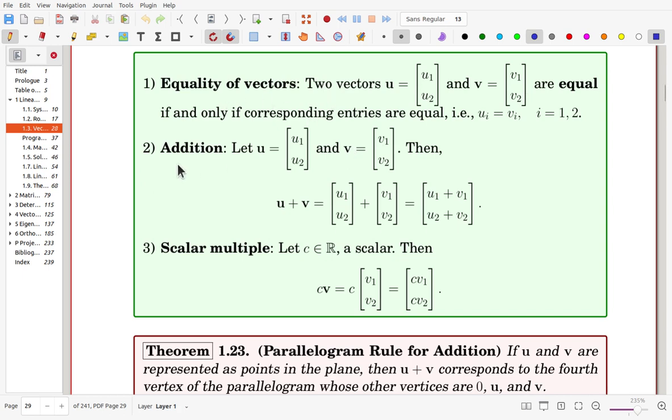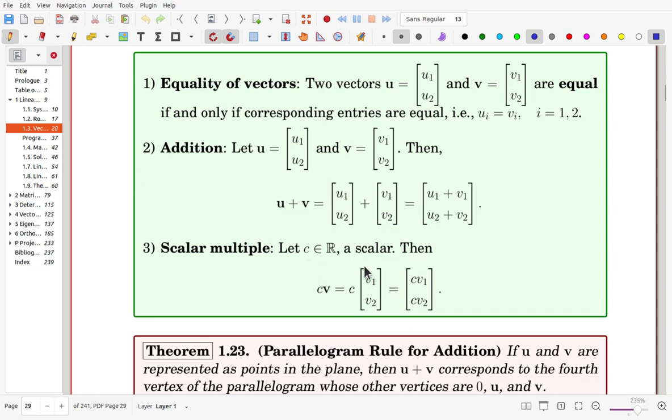For vector addition, we define it in this way: u plus v, and component-wise we add the entries. That is the definition of vector addition. Next, scalar multiple or scalar multiplication.